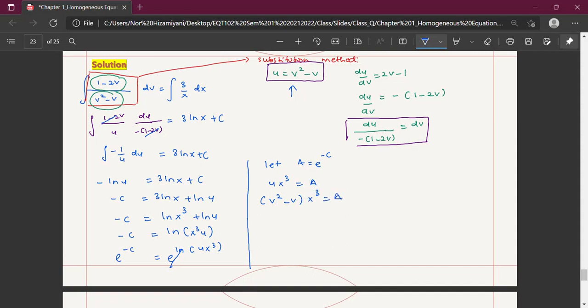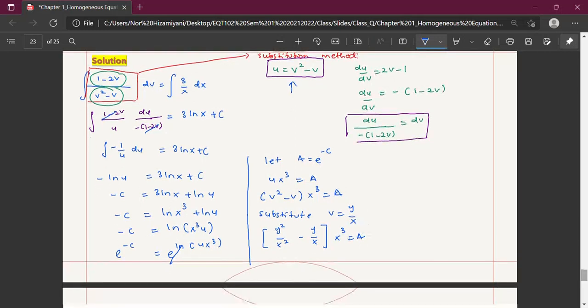Okay, now finally you substitute v equal to y over x into our solution. So you will get (y² over x² minus y over x) times x to the power of 3 equal to a. So you can simplify.